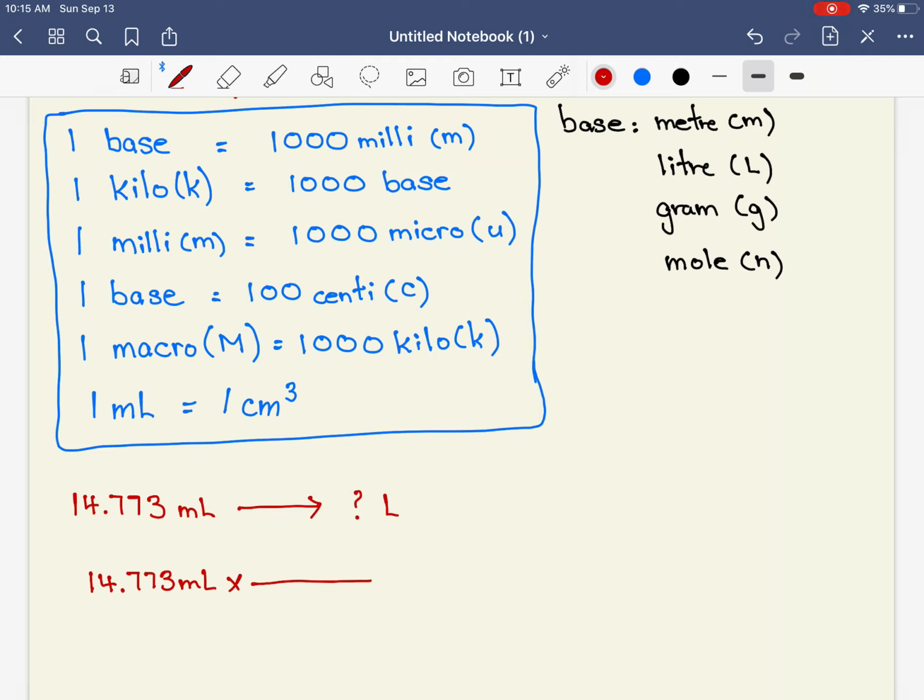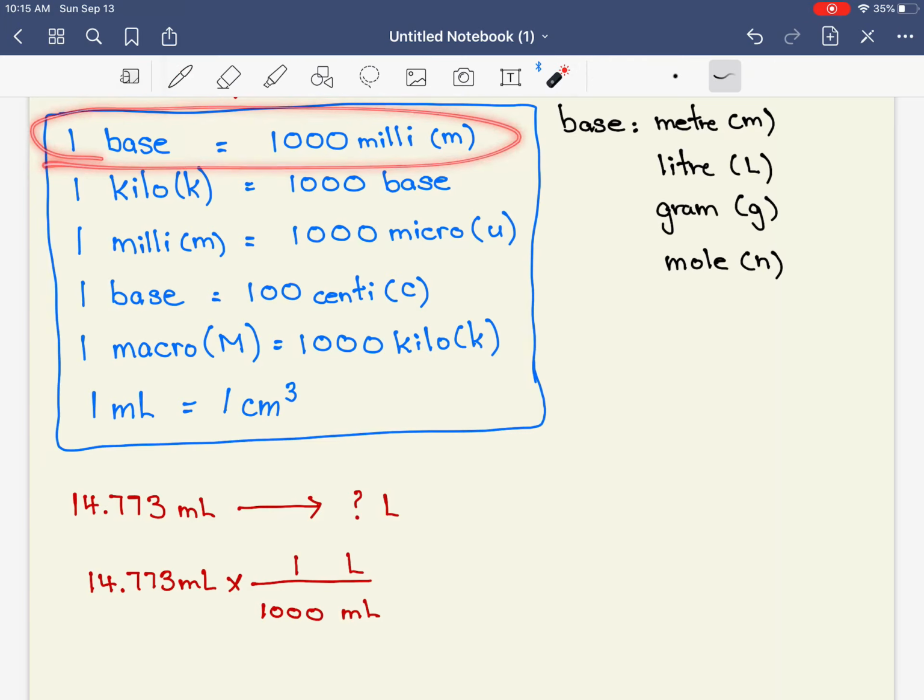We want milliliter to cross out, right? So we're going to put it on the opposite side. This side would be the denominator. Liters is the unit of desire, so I'm going to put that on the numerator. So it looks like for every base is 1,000 milli.